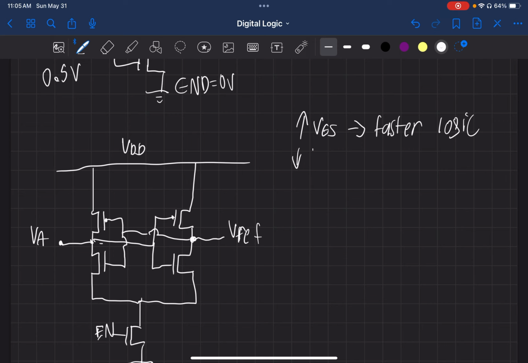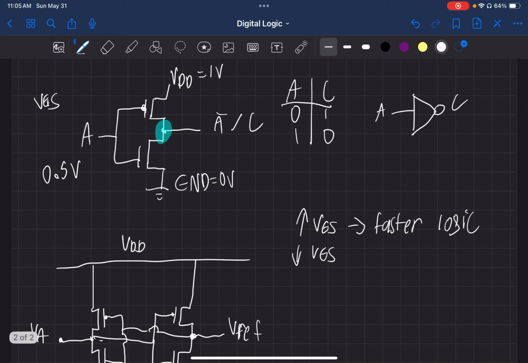But we'll say a lower VGS. No, actually, really quick, I'm going to step back and say this too. When I say higher, we're talking about more absolute. If it's zero, it's also going to drive it faster, because there's basically no output, or it's going to be instant, right? So it's going to be a harder drive. Maybe that makes sense.